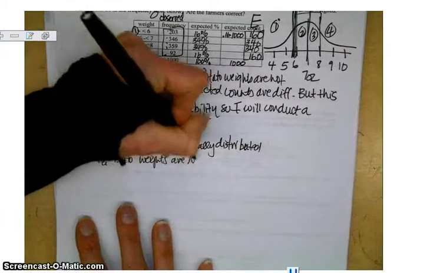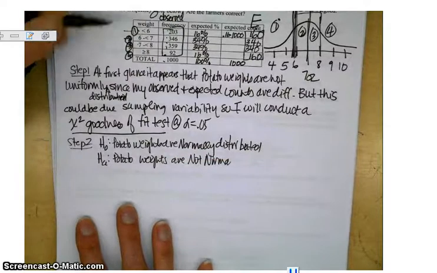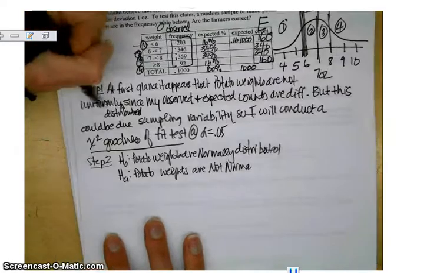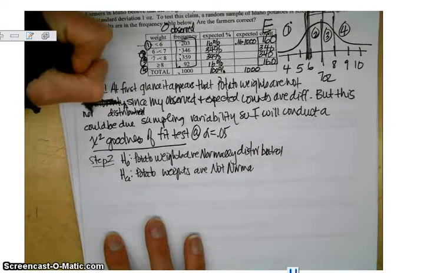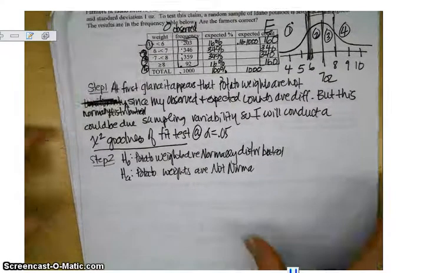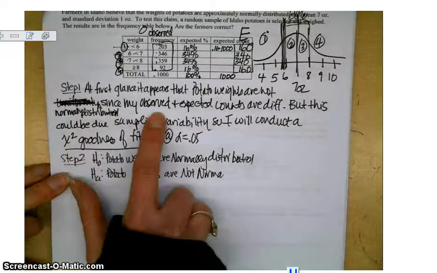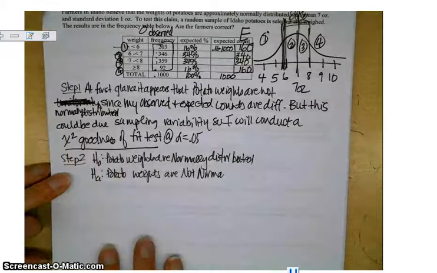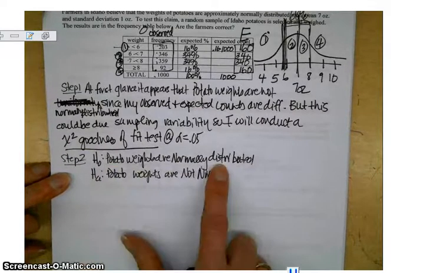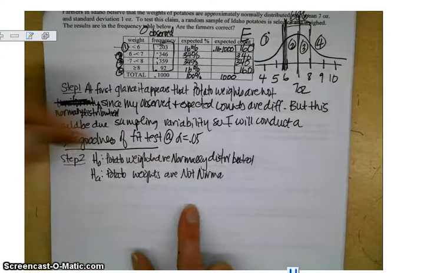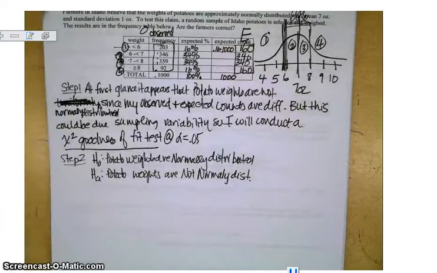So in step 1, should it say the weights are not normally distributed? Yep, it should say normally. I knew I was doing something wrong, so it should say normally distributed in here. Thank you very much. So the null is potato weights are normally distributed, and the alternative is potato weights are not normally distributed. You could just say they're not in the alternative.